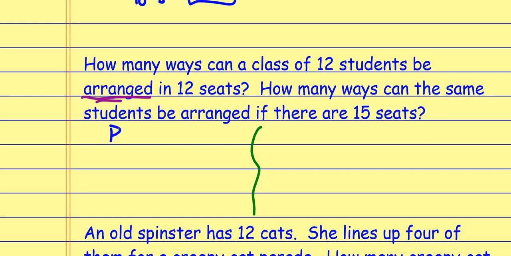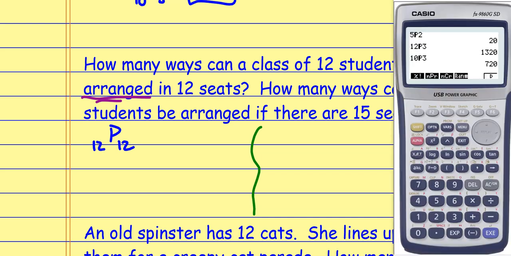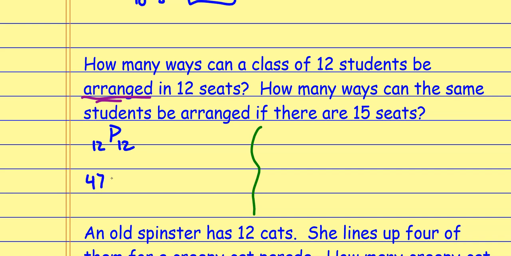So 12 students in 12 seats. I have 12 total seats, and I'm filling all 12 of them with students. So it's the permutation of 12, choose 12. And it gives me 479,001,600, if I remembered that correctly.